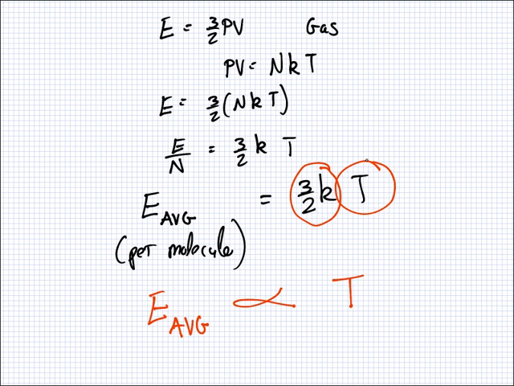Say again? You tell me. 0 Kelvin is absolute zero. Minus 273 Celsius.